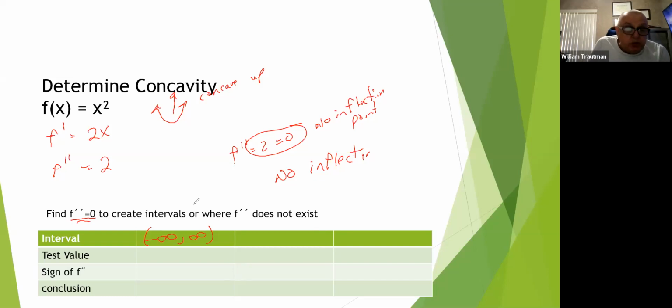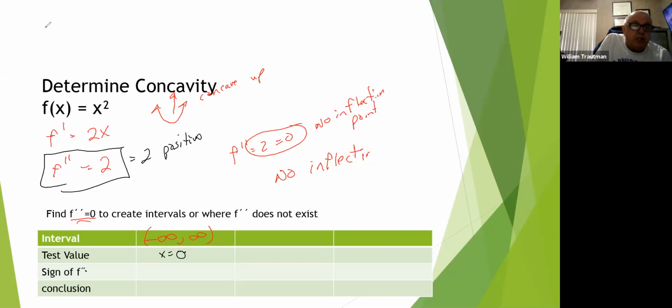And I'm going to choose a test value. You can pick any test value between negative infinity and infinity. I'm just going to pick x equals 0. Find the sign of the second derivative when x equals 0. Well, when x equals 0, this is still 2. The function's always 2, and it's positive.